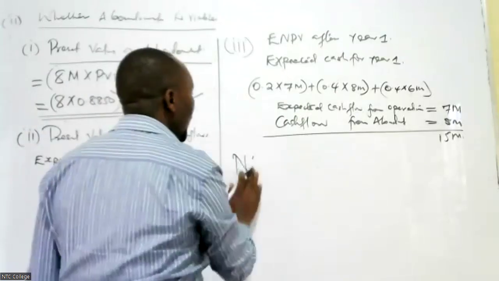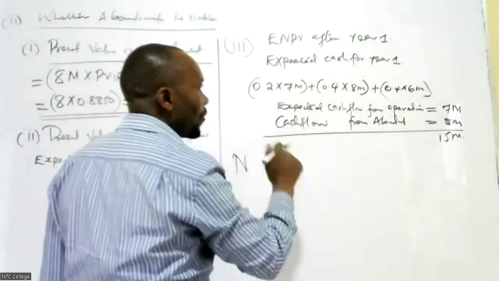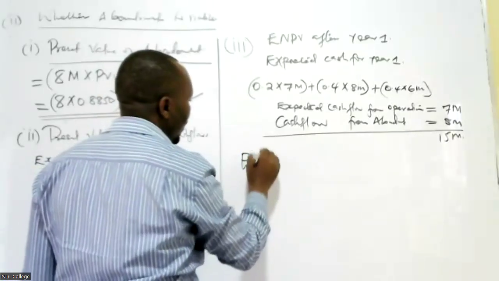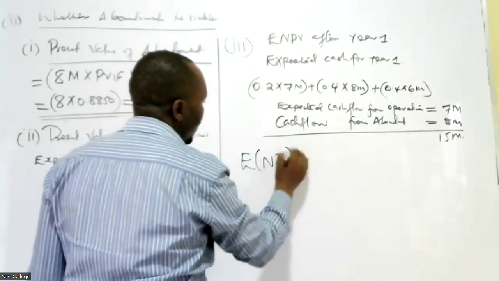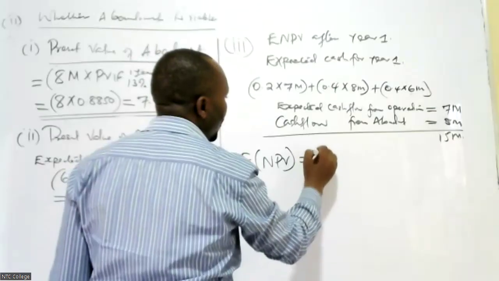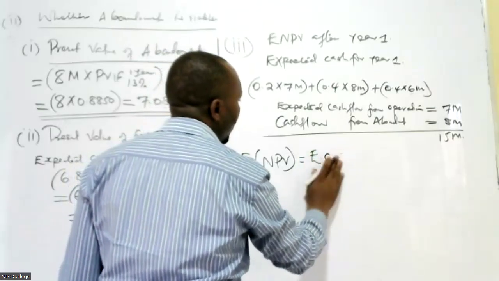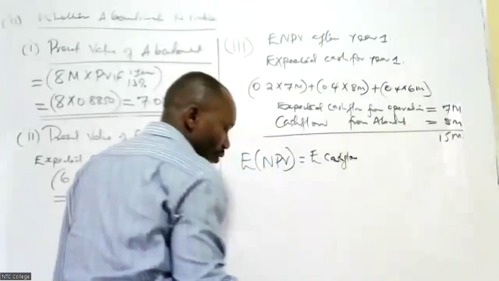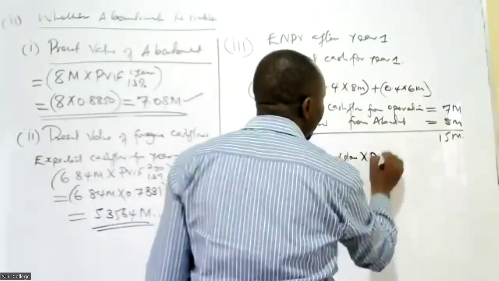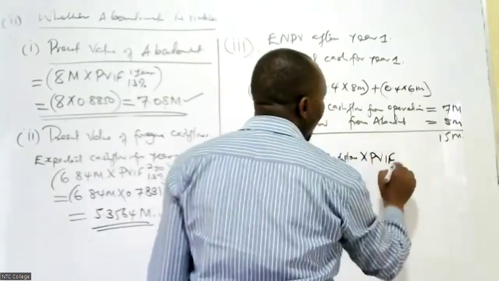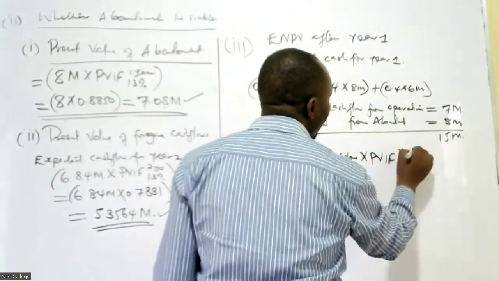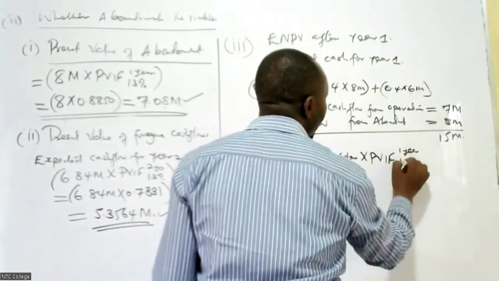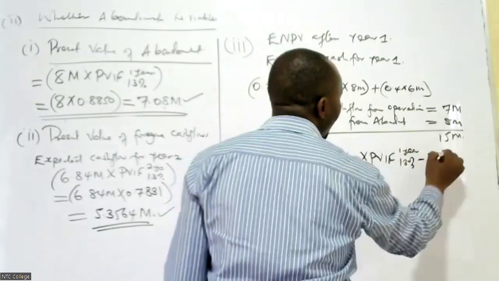So multiply the PV, then you remove the initial outlay. So our expected NPV is equal to expected cash flow, which is this one that we now expect in total, times PV, because it is only year one, 1 year at 13%, minus IO.